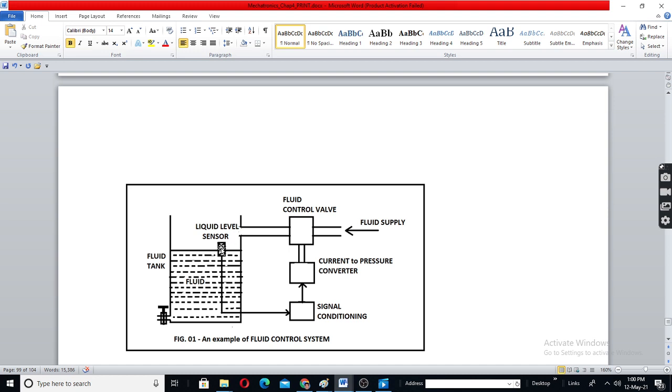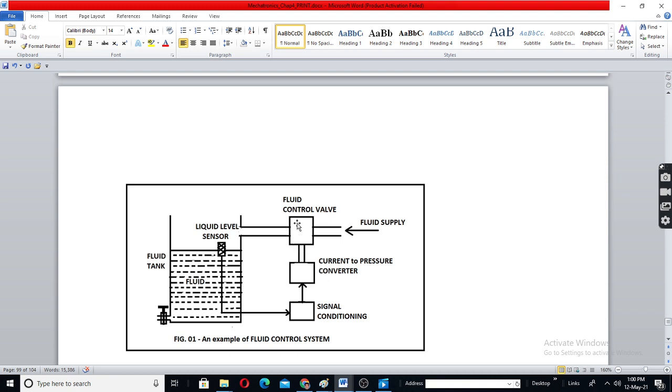So if the liquid level is low here, this sensor will be down, the output voltage will be lesser, and the output current also will be lesser. After signal conditioning, you will get lesser current here, and lesser current means lesser pressure here.